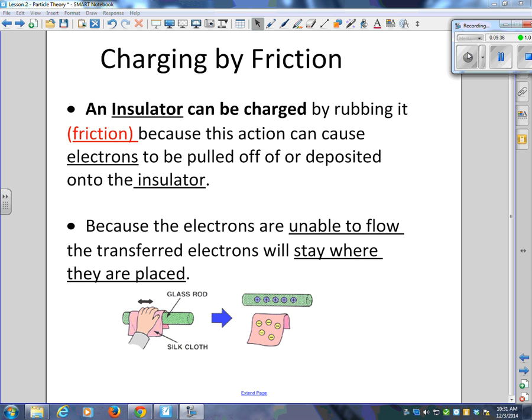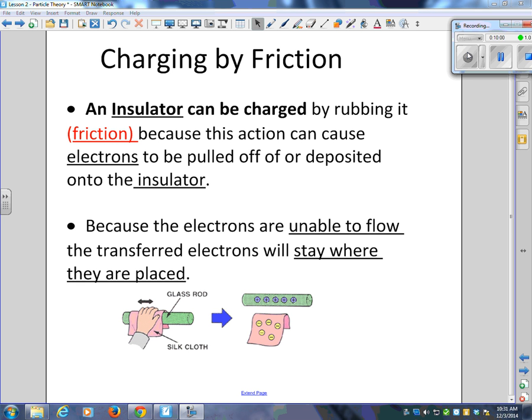Because this action can cause electrons to either be pulled off or deposited onto the insulator. So when I do this, Tyler, I'm either putting electrons onto the plastic or scooping them off, depending on which one has the greater electron affinity. Which one wants to hang on to its Halloween candy more? Okay?